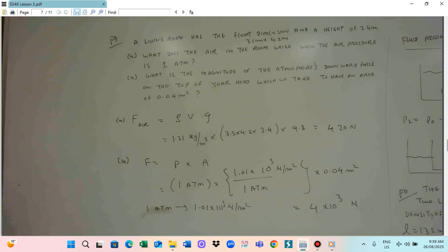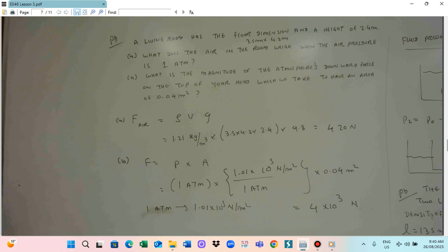Therefore, we can calculate the pressure ratio: every 1 atm got 1.01 into 10 power 5 Newton per meter square.